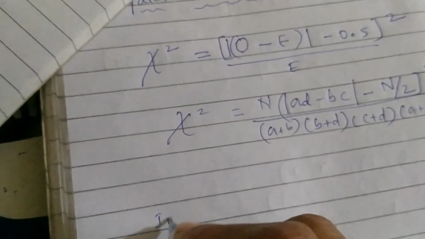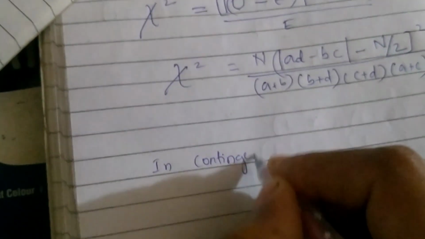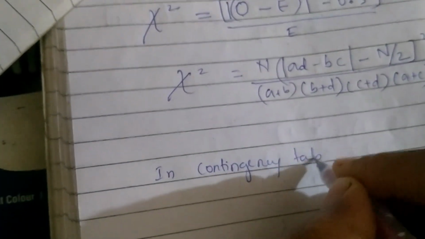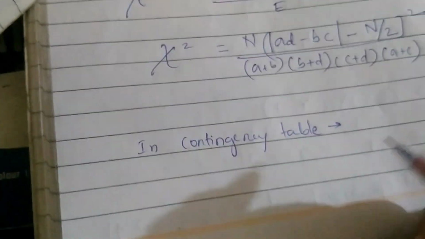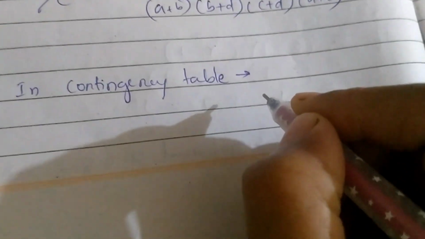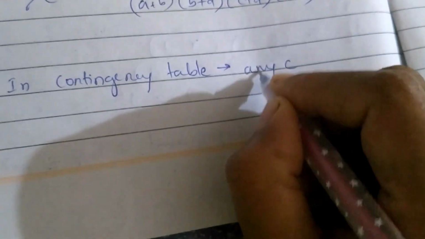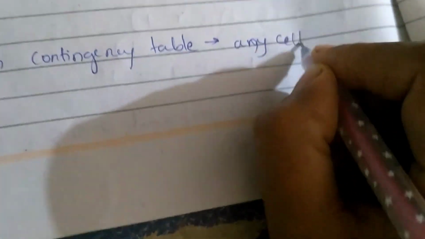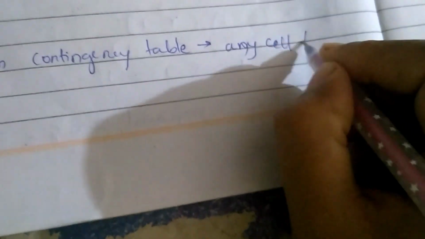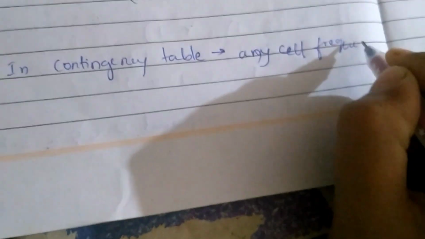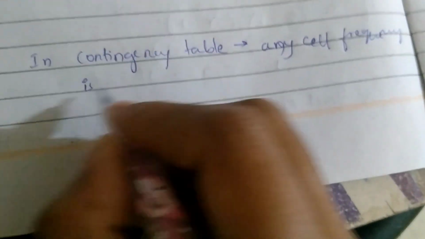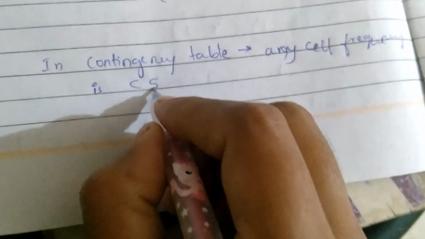In a contingency table, we have to use this Yates correction when any cell's frequency is less than 5.